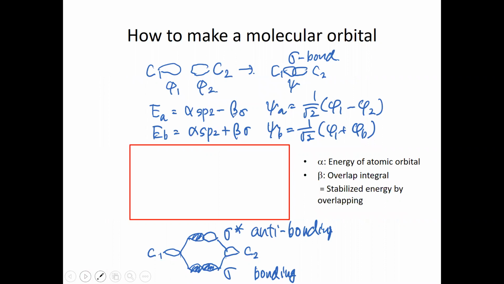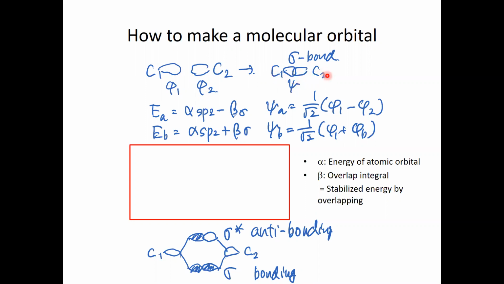These coefficients can be obtained by solving the Schrodinger equation, by minimizing the energy. You can think like this: if you have carbons C1 and C2, and phi1 and phi2 atomic orbitals are making a sigma bond, then psi is the molecular orbital.